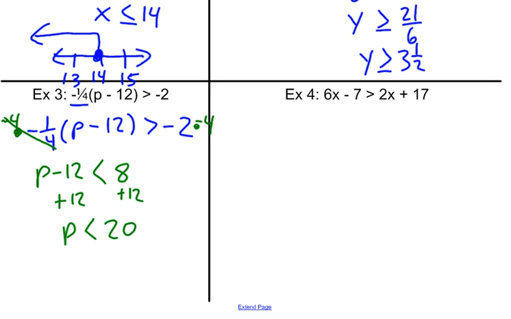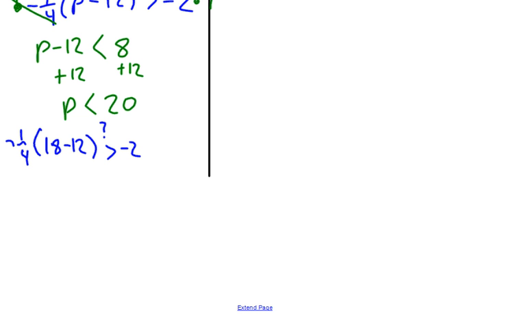Let's check a number that's close and see if it works. Something less than 20, let's pick about 18. So my check is going to be negative 1/4 times 18 minus 12.